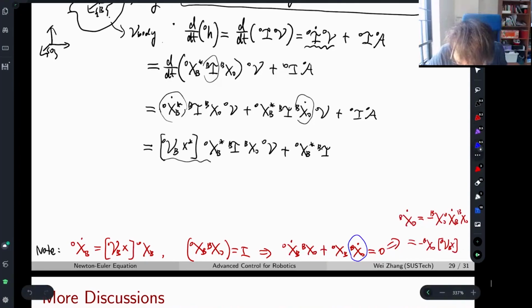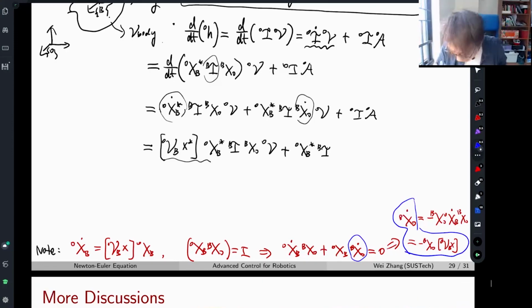So overall, sorry, I'm a little bit fast, X_OB dot equals X_OB times negative the spatial cross product matrix, but from the right. Fuzhen, is this okay so far? Yes. Okay, so you know how we can get this, but these are technical details. I just want to tell you this is the case.